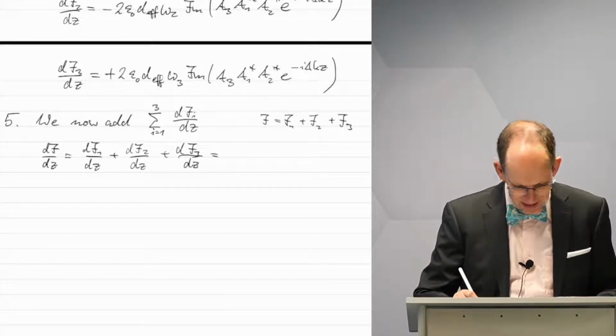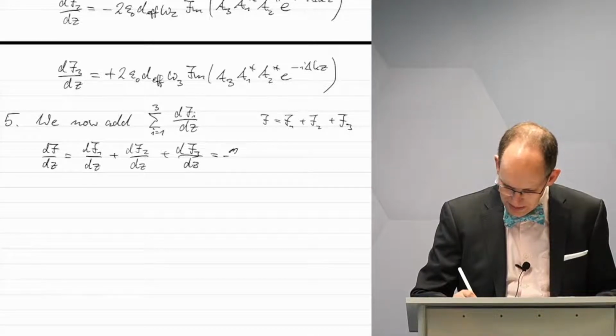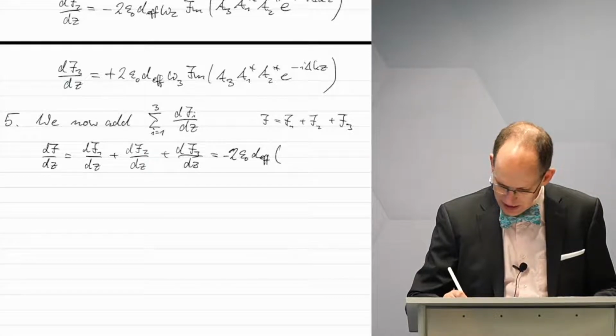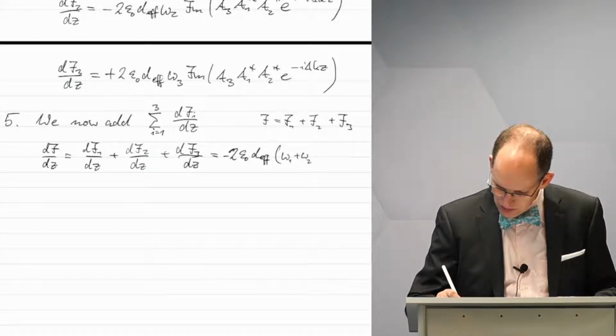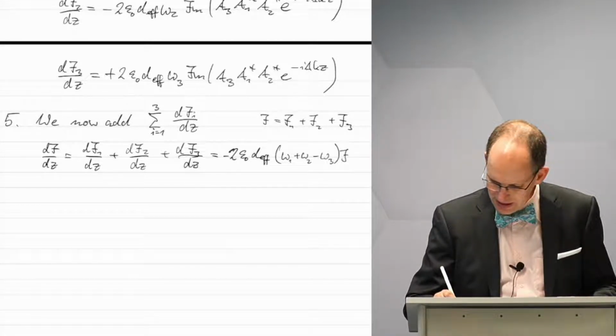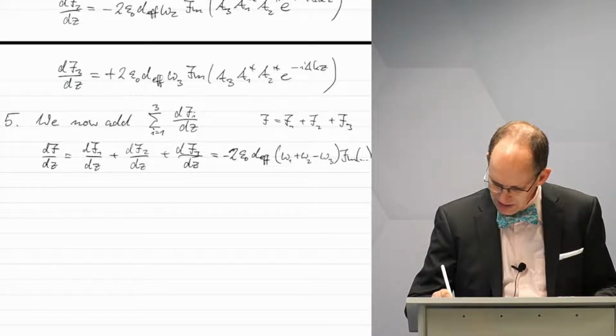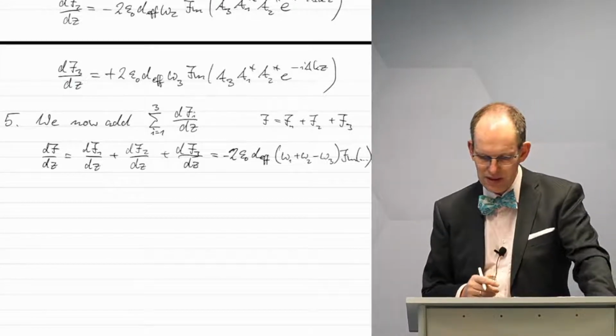And this is equal to -2 times epsilon 0 times the effective nonlinearity, and then omega 1 plus omega 2 minus omega 3, and then the imaginary part of this thing here.